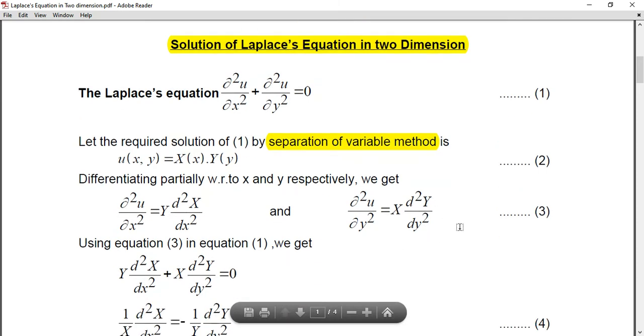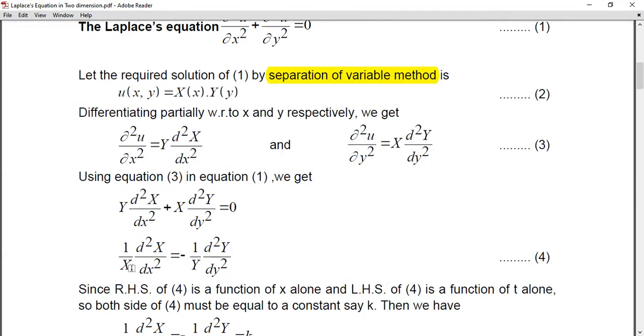When we put these in the given Laplace equation, we find (1/X) d²X/dx² = −(1/Y) d²Y/dy². Here, the left hand side of this equation is a function of x alone and the right hand side is a function of y alone.